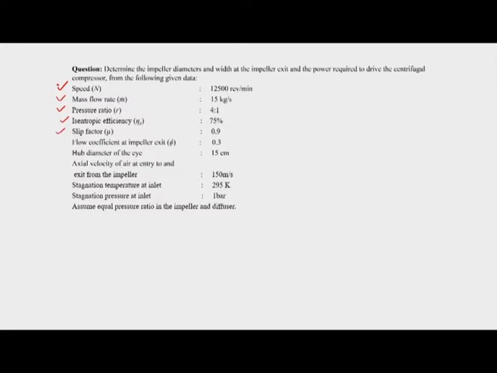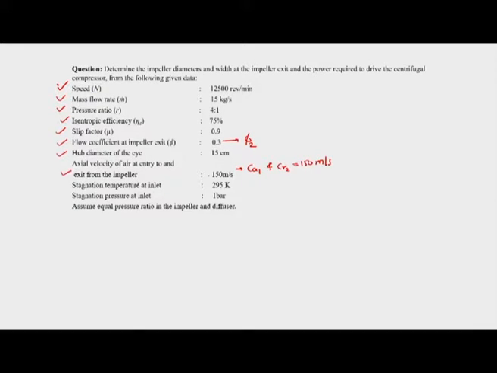Then the slip factor is 0.9, and the flow coefficient at the impeller exit, phi 2, is given. Hub diameter at the eye is 15 centimeter. The axial velocity at the entry, CA1, and CR2 at the impeller exit are given as 150 meter per second.